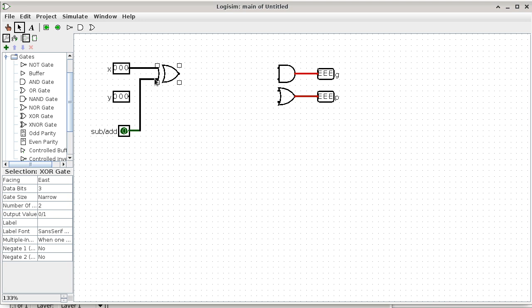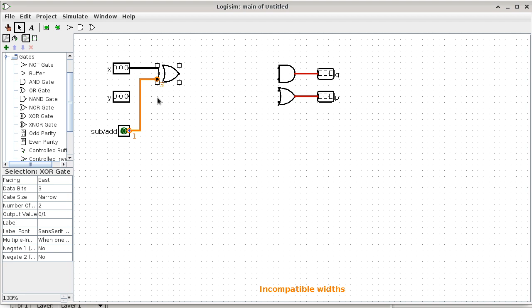Do you think what's going to happen here? It's going to complain because the subtract/add control line only has 1 bit, but the exclusive OR gate is saying, I want 3 bits in every single input. We have a problem. So what do we do to fix this problem?